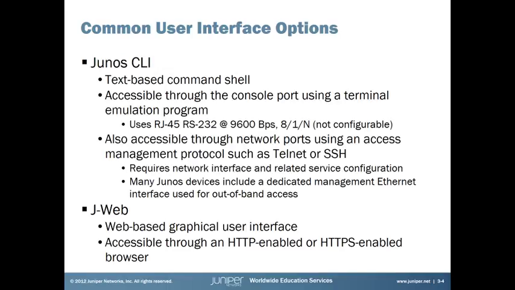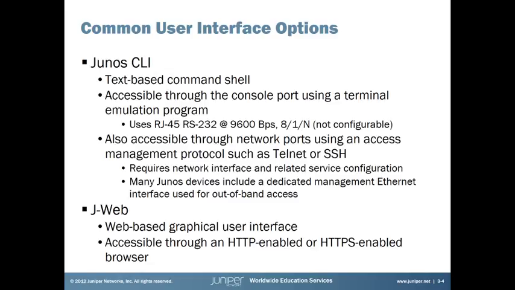What is that? Well, here's the thing. There is a basic concept within telecommunications of out-of-band access, and that means that we want to get access into our devices through another channel or another means that we don't use for our transit traffic, and that is called out-of-band access.